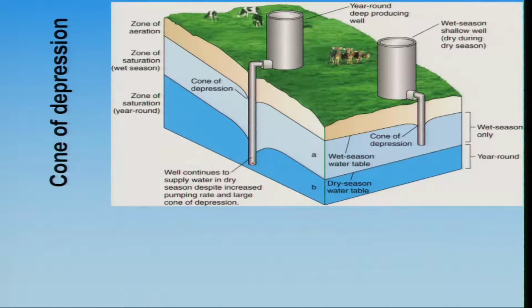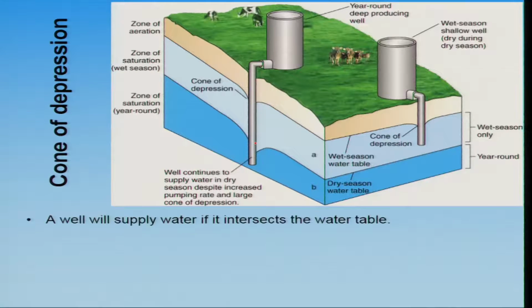Sometimes you have to lower your well, or if you have a submersible pump, you may have to go deeper, and that happens because you develop a cone of depression. In the surrounding areas you may not have a change in the water table, but at the place where you are pumping out excess water, you may develop the cone of depression.